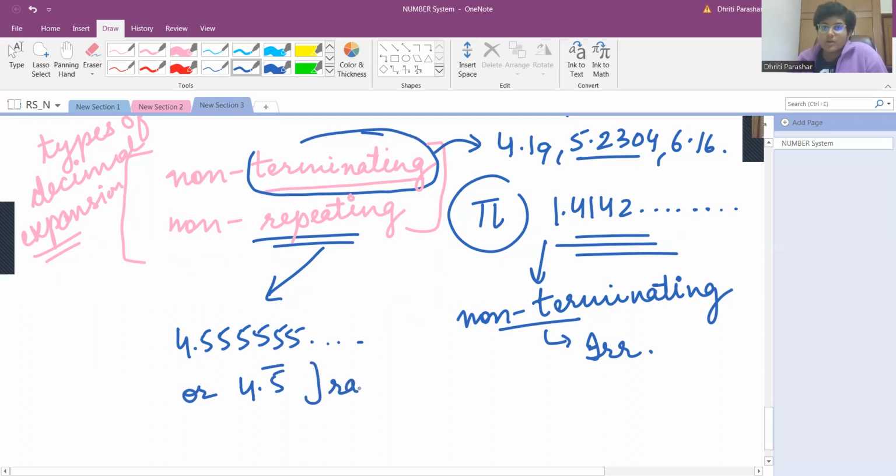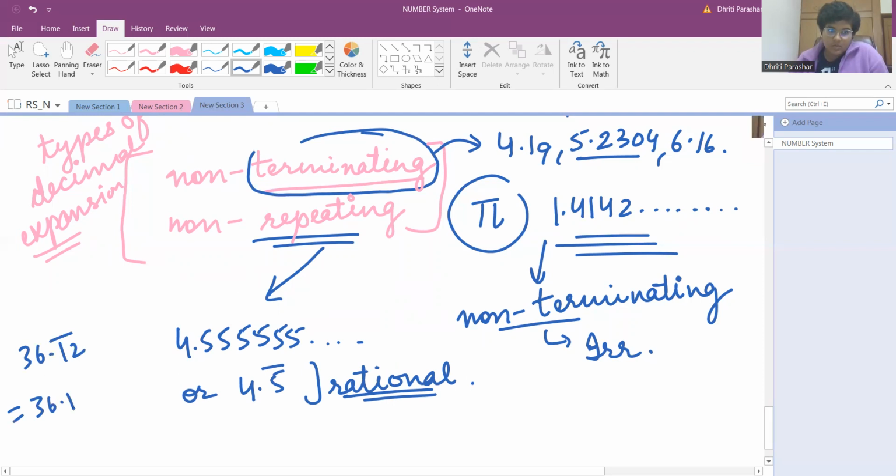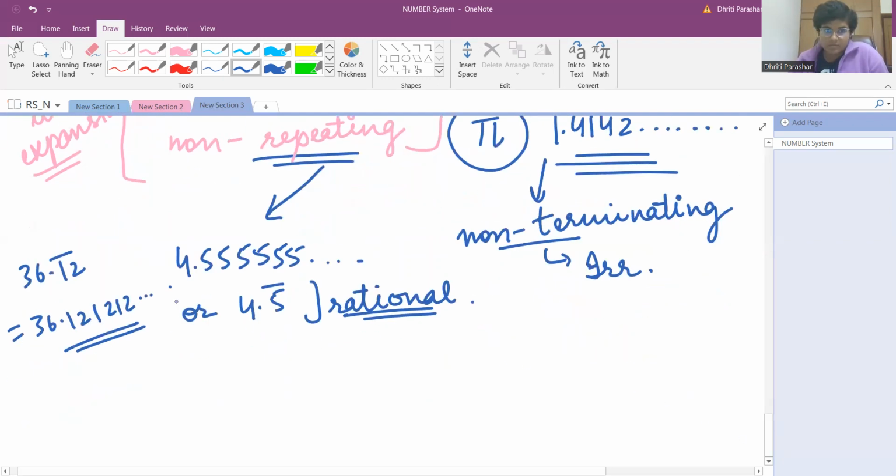This is also a rational number. Something that has a bar on top means it's repeating itself again and again. For example, 36.12 bar, that means 36.12, and so on. It forms a pattern, it's repeating. That is why it is again a rational number. It's rational, even this is rational.